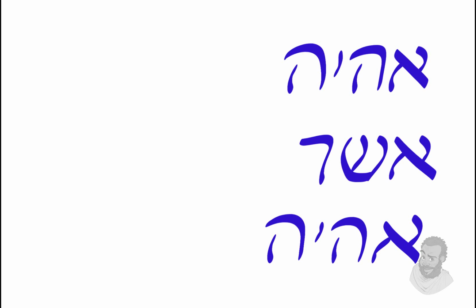So one could not do this because this will be wrong. So ahaya, ashar, ahaya, no. Ehye, asher, ehye, yes. Or someone might find that this might be a different vowel point, but not everything is the same. And again, there are rules governing why this is this way.